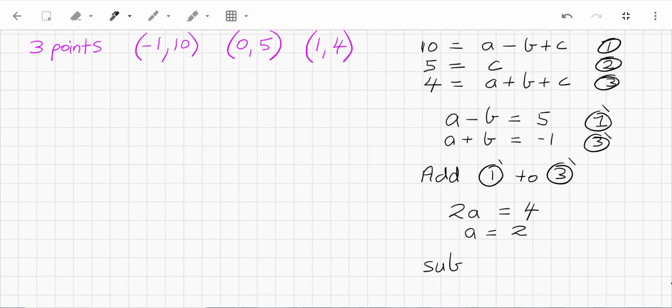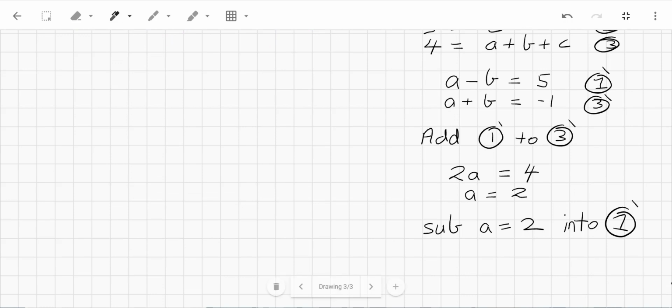I'm going to substitute a = 2. Now I can choose either 1 dash or 3 dash. I'm going to use 1 dash. 2 - b = 5, which then gives me b = -3.